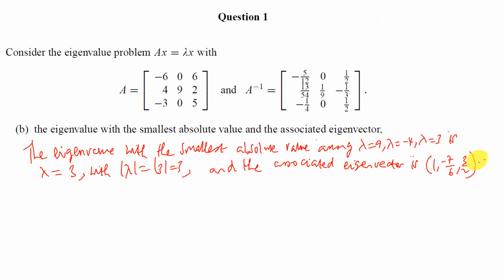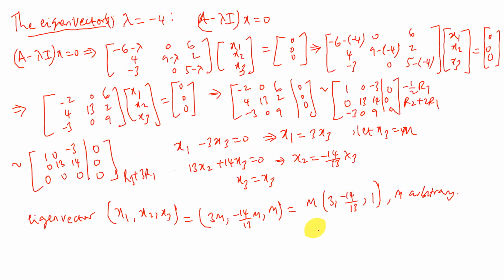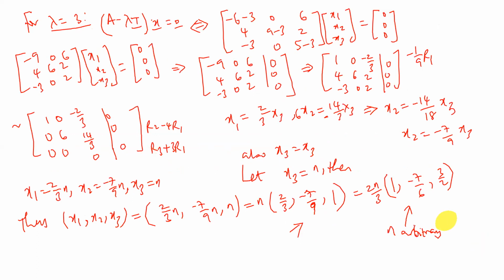So it's lambda equals 3, and the associated eigenvector is 1, minus 7 over 6, and 3 over 2. But you can take the other one as well for the 3. You can take either the 1 to 3 over 2, or you can take the 2 over 3 to 1. Okay, they are the same. They just differ by a factor.